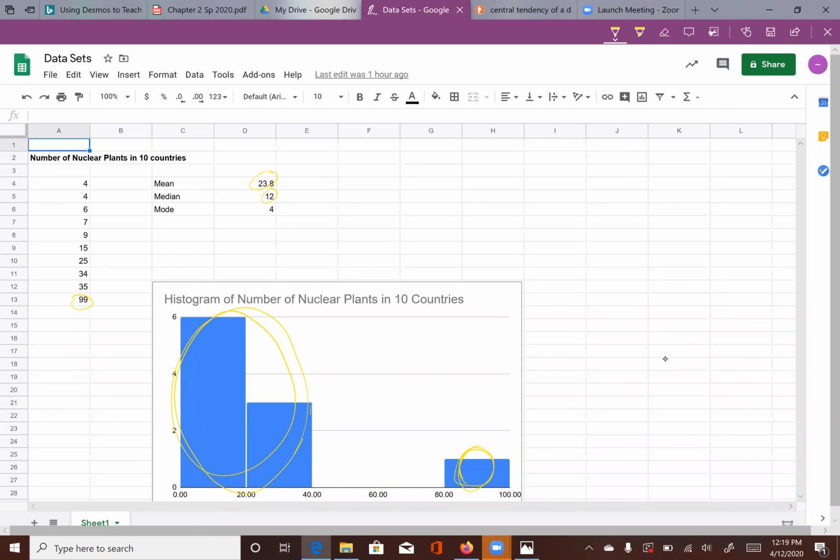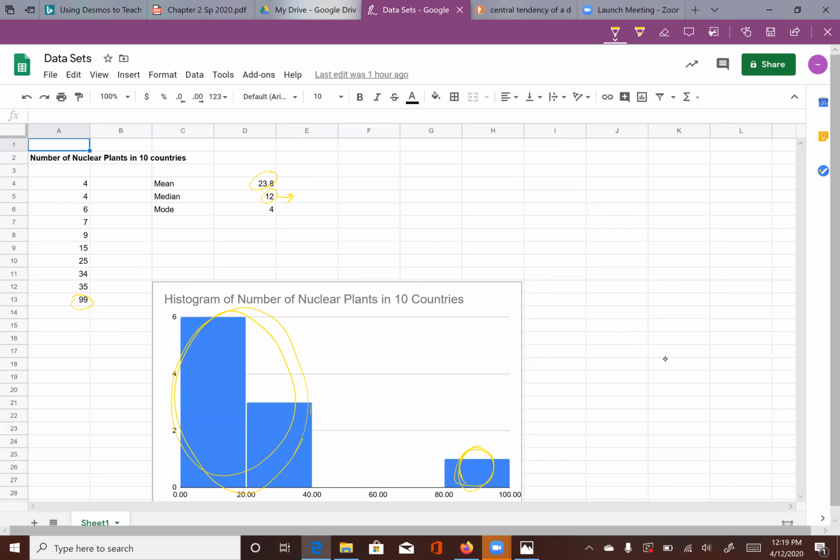The measure of central tendency that we want to use to figure out the central location of the data set is the median. The reason is the mean is not reflecting the actual center of the data set.